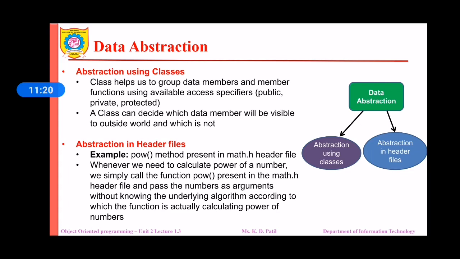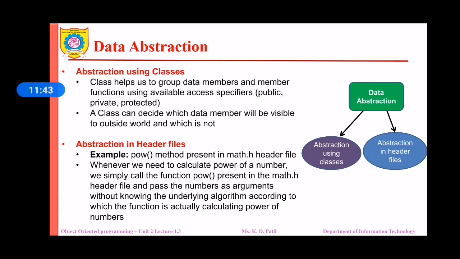Now let us see abstraction in the header files. If you observe the power method present in the math.h header file, whenever we need to calculate the power of a number, we simply call that function as pow, which is present in math.h. But do you know how that power is implemented at the back end?